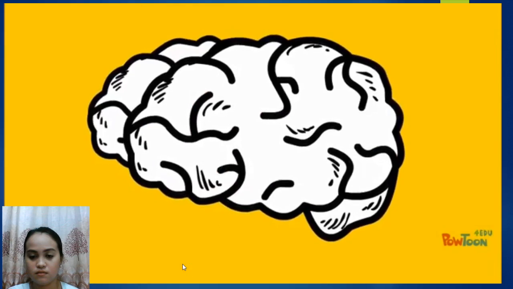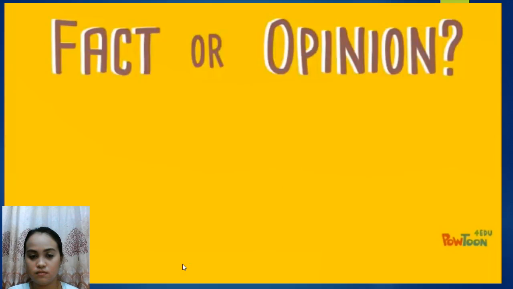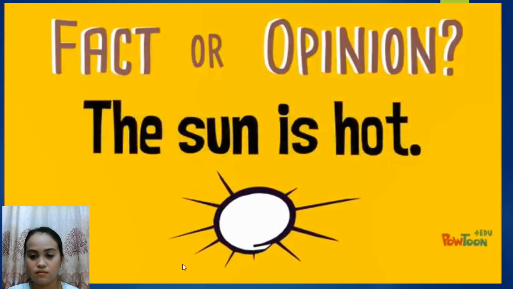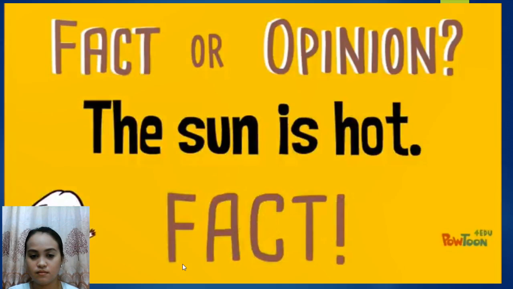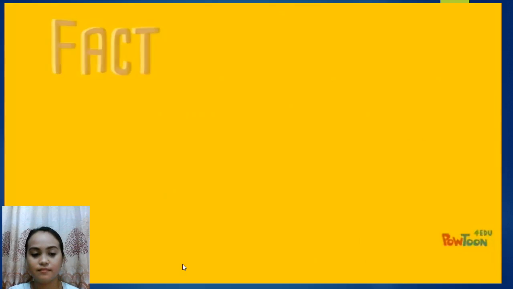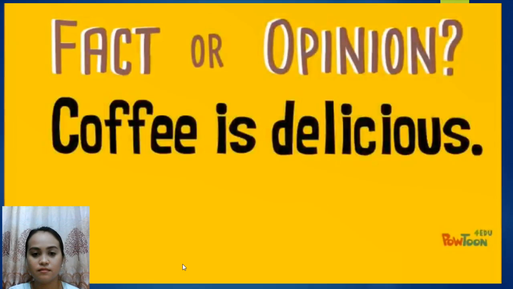Let's see what you learned. Fact or opinion? The sun is hot. You're right, it's a fact. This can be proven. We can prove it by doing research in a book or on the internet. Fact or opinion?